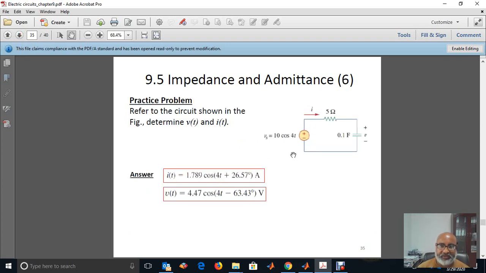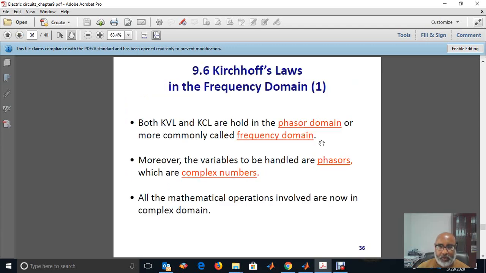And this is a practice problem that you should solve during the class exercise time. Both KVL and KCL hold true in the phasor domain, or the frequency domain. The variables to be handled are phasors, and keep in mind the phasors are complex numbers.